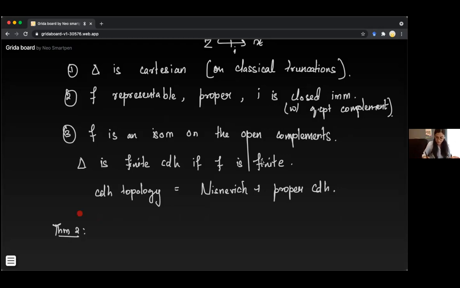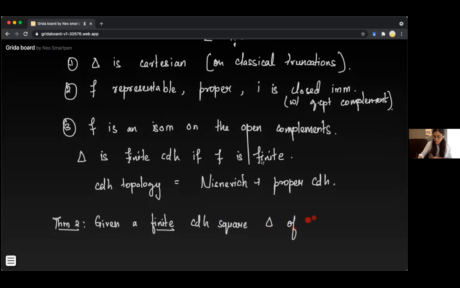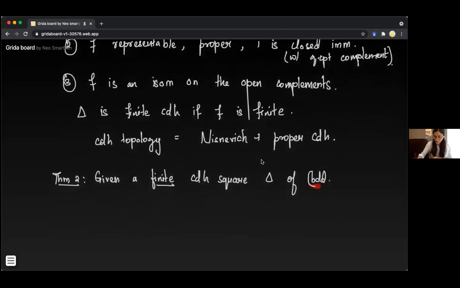So the first result is that given a finite Cdh square, delta of bounded Noetherian derived algebraic stacks.